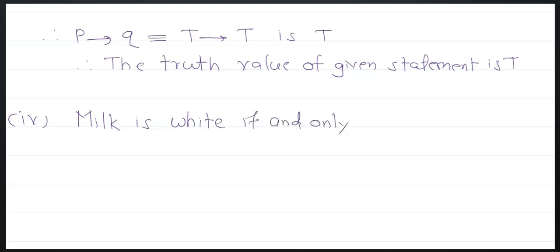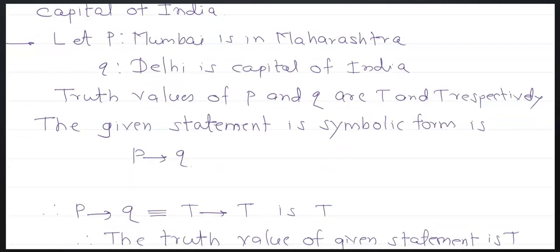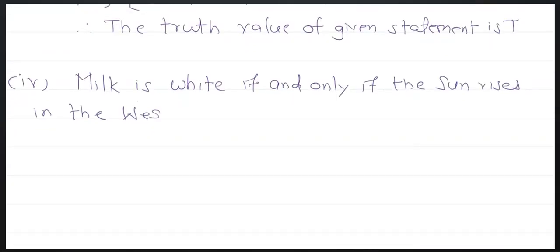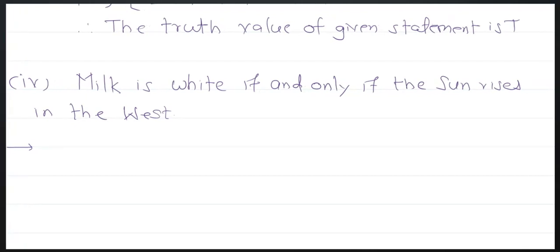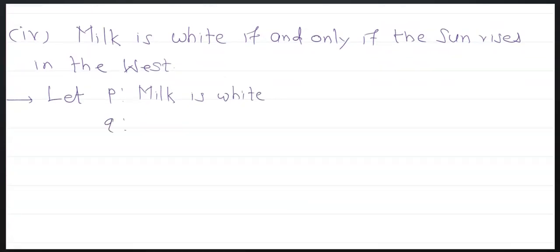Next is milk is white if and only if sun rises in the west. Now, first is milk is white.